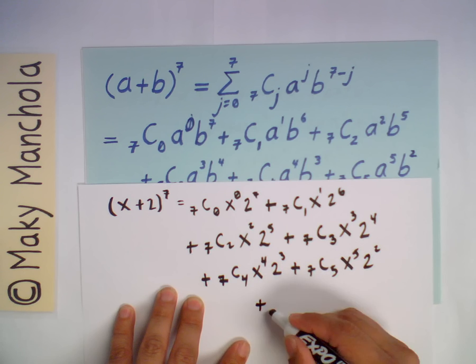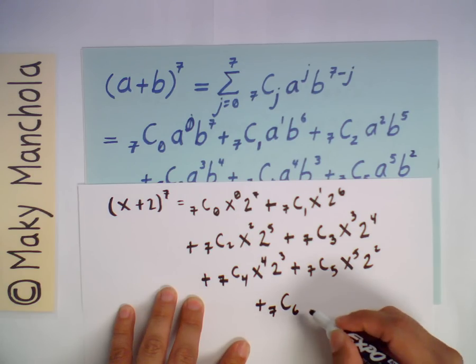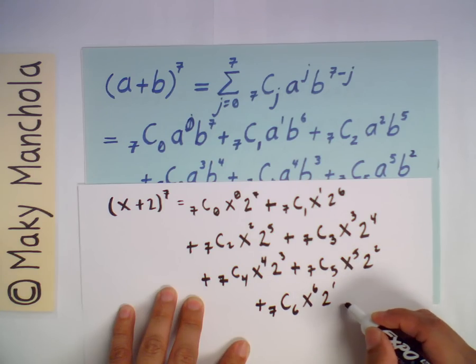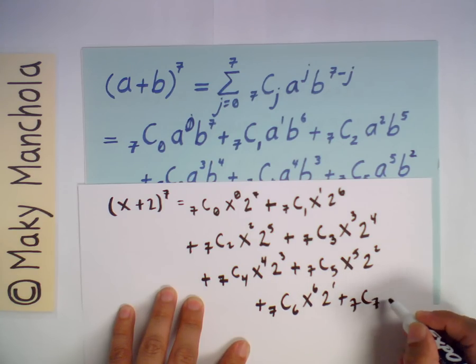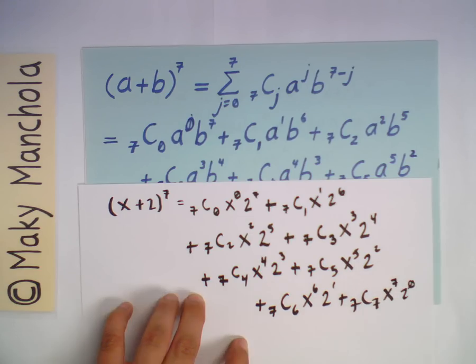Almost done. So 7 choose 6, x to the 6, 2 to the 1, and the last one is 7 choose 7, x to the 7, 2 to the 0th power.